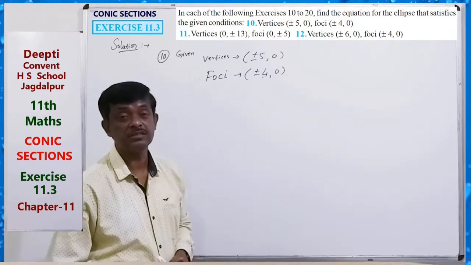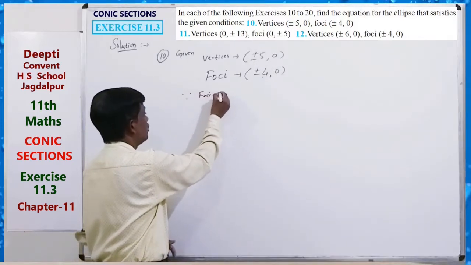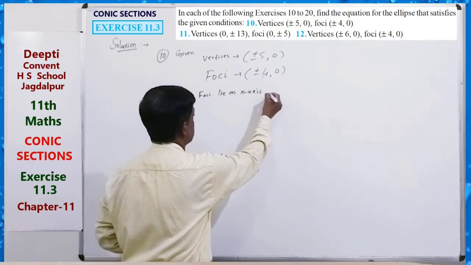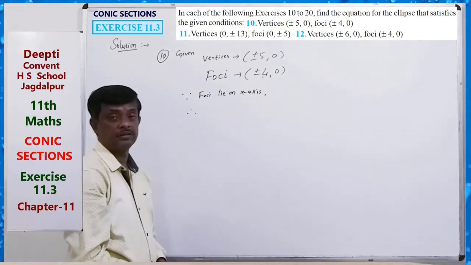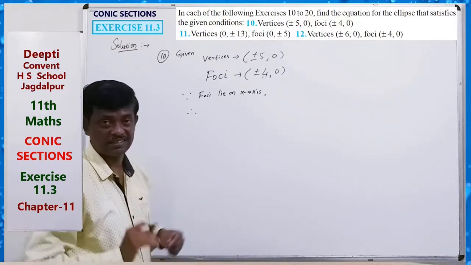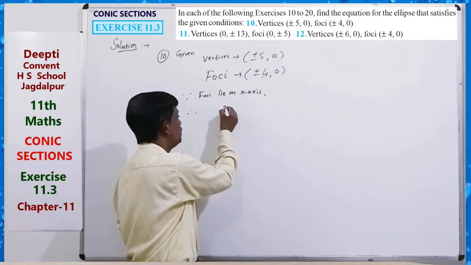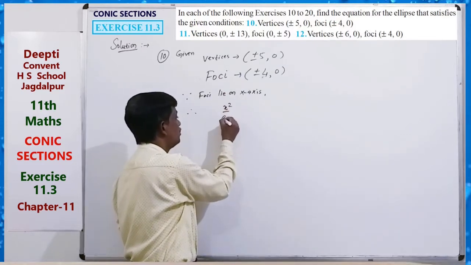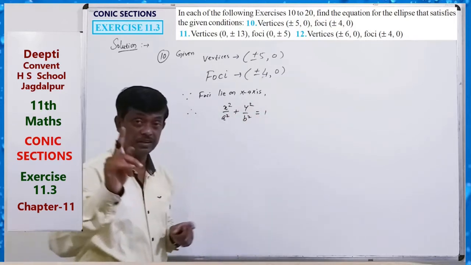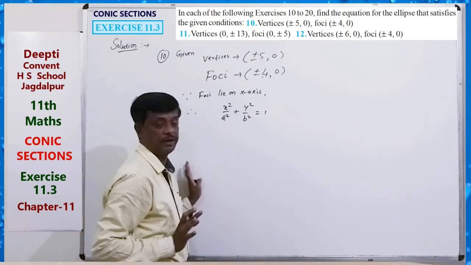So you have to write, since foci lie on x axis, therefore major axis will lie along x axis. So the format of the ellipse will be x square upon a square plus y square upon b square equals to 1. You have to write in detail, I am writing short. Okay, this is the format.